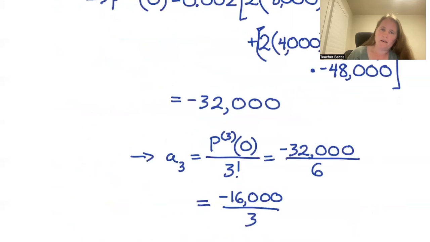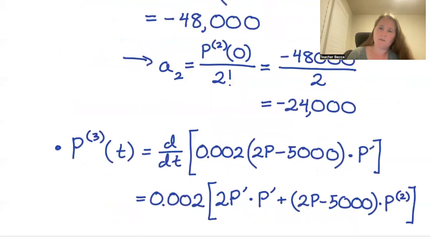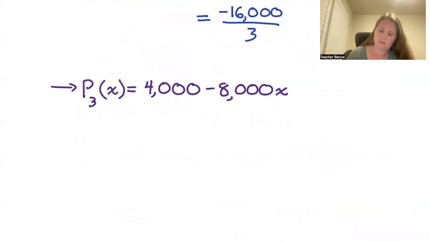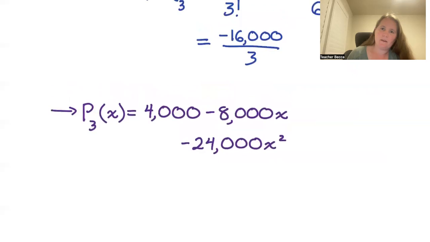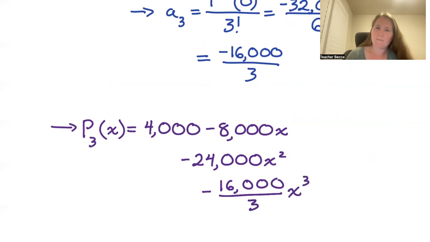Then our a sub 2 was negative 24,000, so minus 24,000x squared. And then we have minus 16,000 over 3 x cubed.